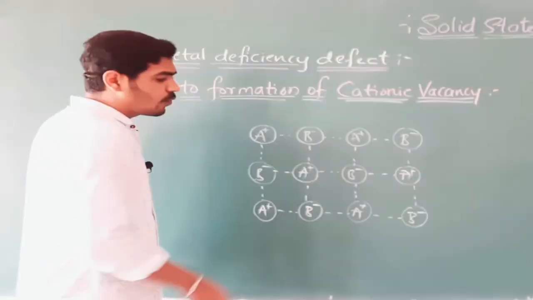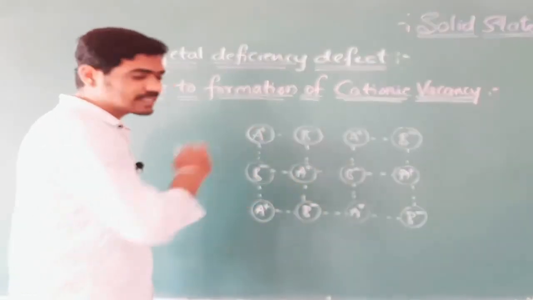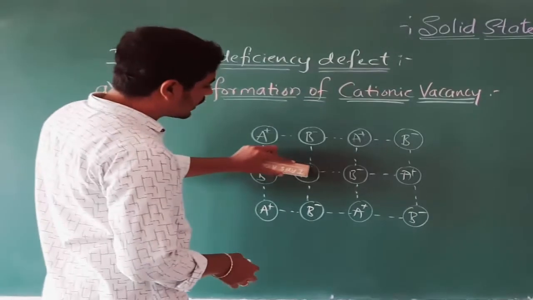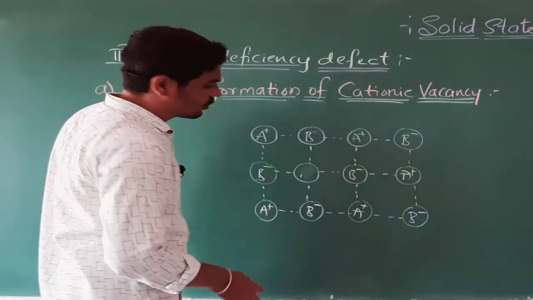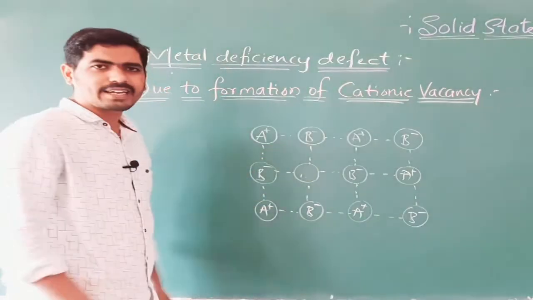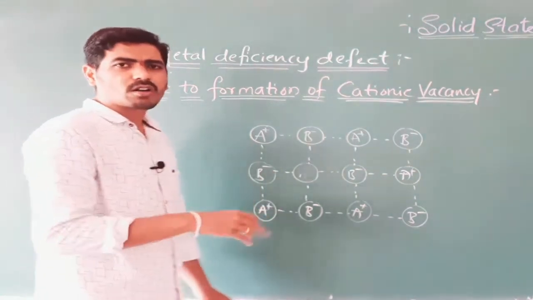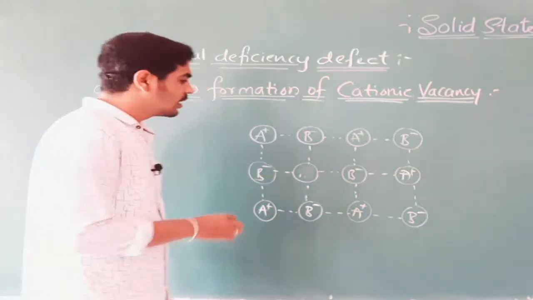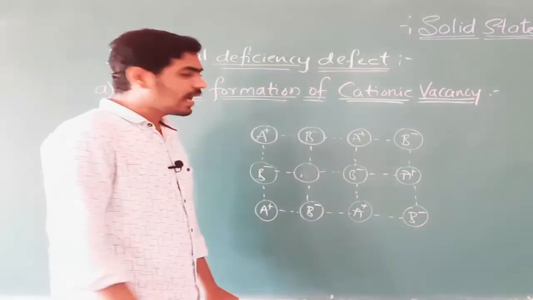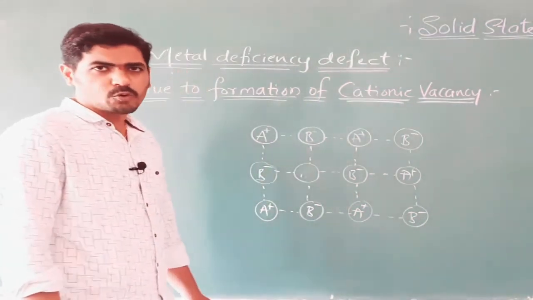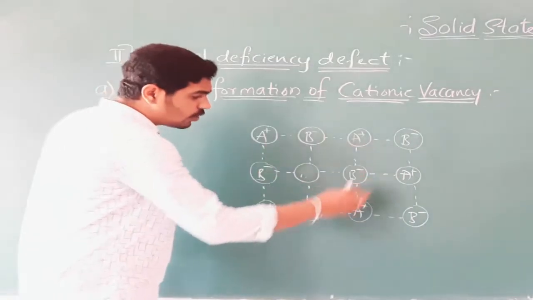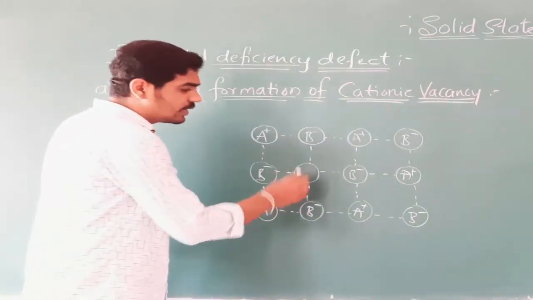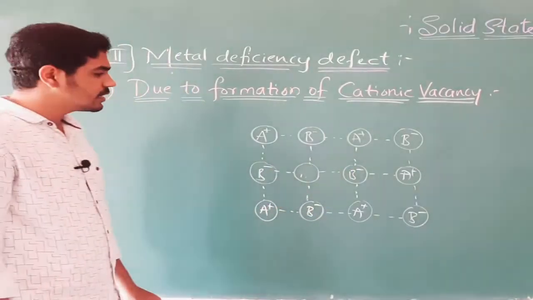Let us consider this A plus gets removed from the crystal lattice upon heating or upon irradiating radiation on it. Now when you observe this, you can see that an irregularity is formed in this crystal lattice.